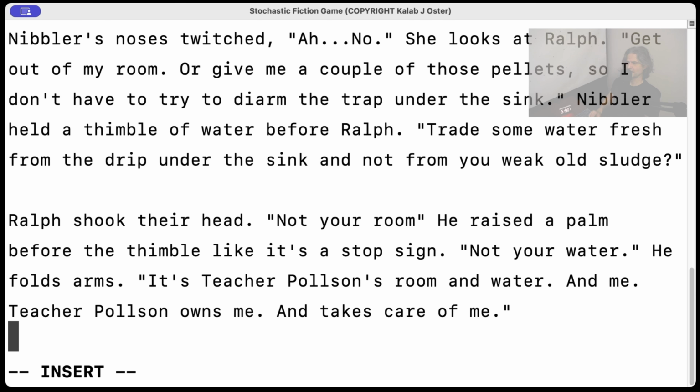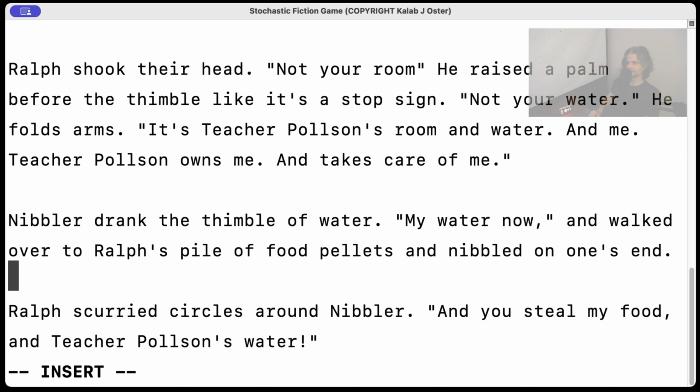Ralph shook their head. "Not your room." He raised a palm before the thimble like it's a stop sign. "Not your water." He folded arms. "It's Teacher Polson's room and water, and me, Teacher Polson owns me and takes care of me." Nibbler drank the thimble of water. "My water now," and walked over to Ralph's pile of food pellets and nibbled on one's end.